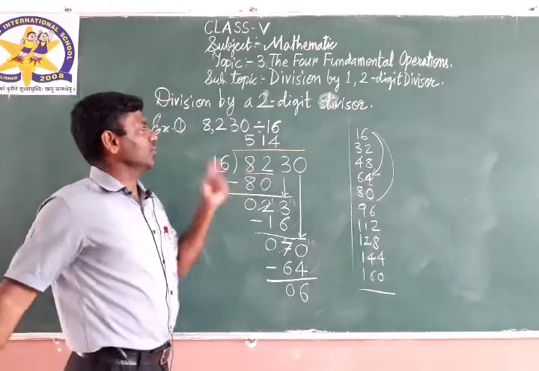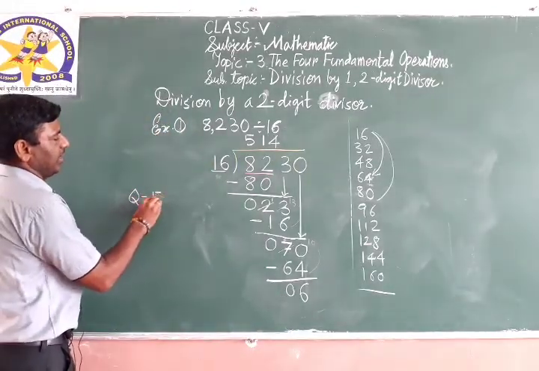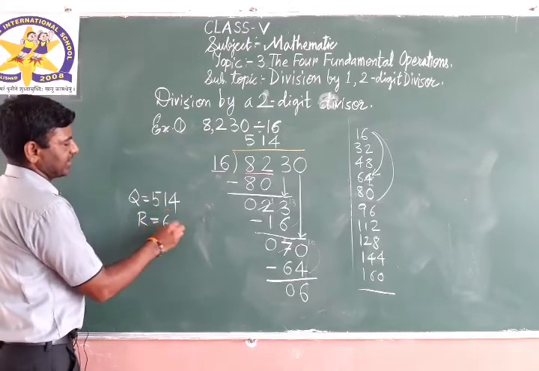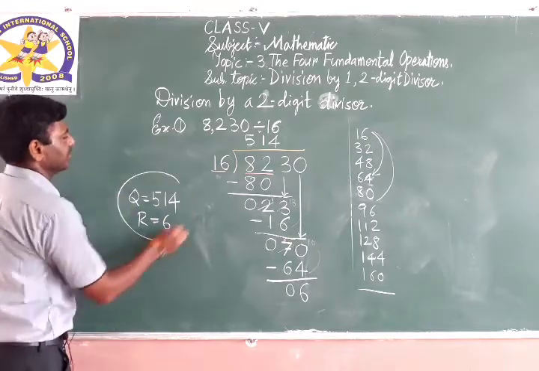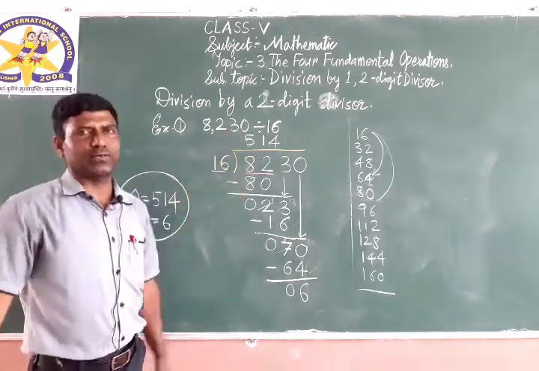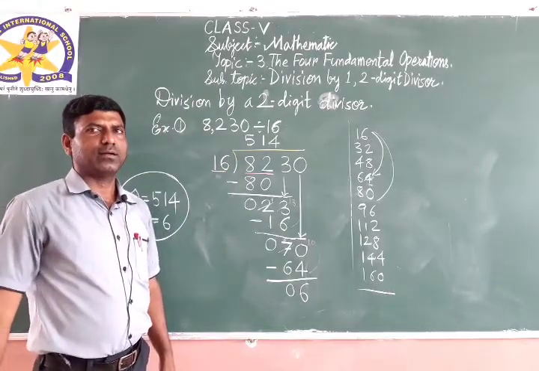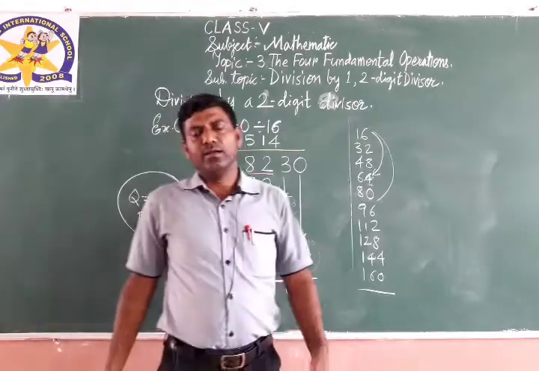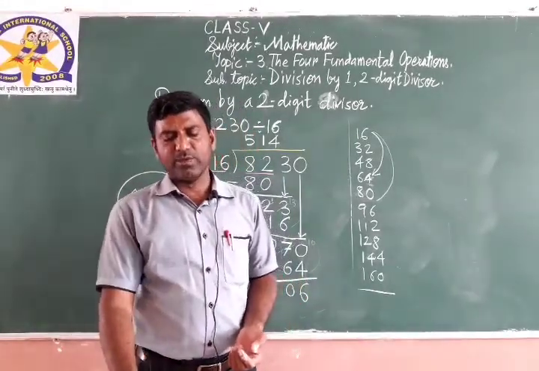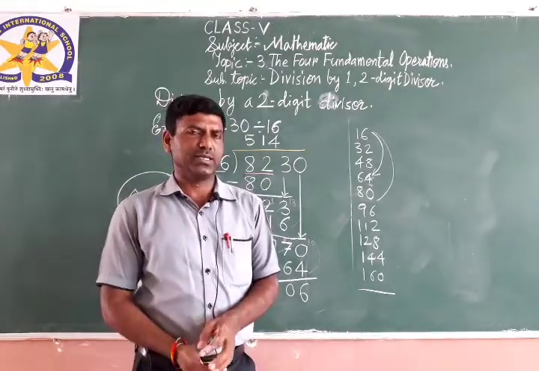Understand? So what is the quotient? Quotient is 514. Remainder is 6. Understand how to solve with one digit and two digit divisors. In the next video we will see division by a three digit divisor and a four digit divisor.